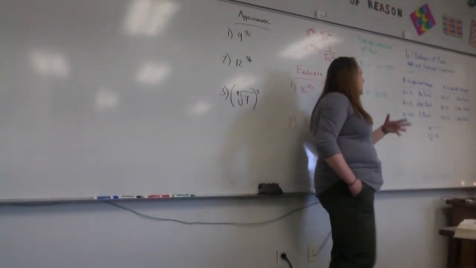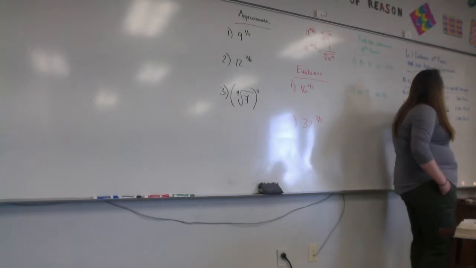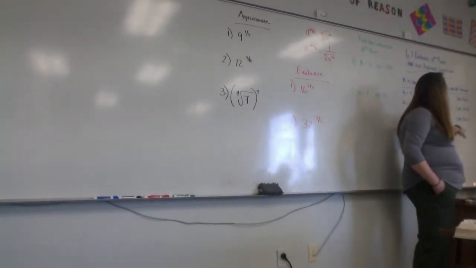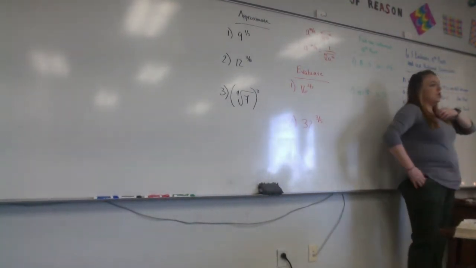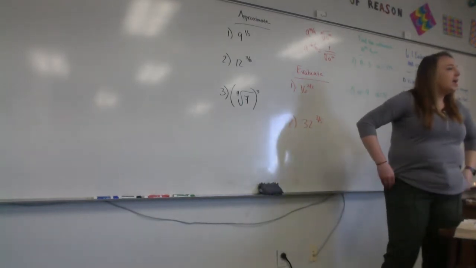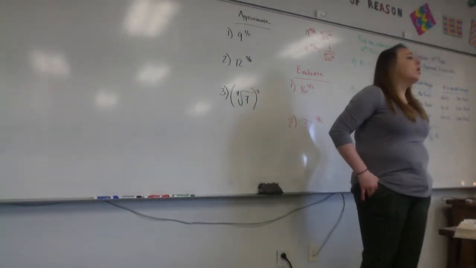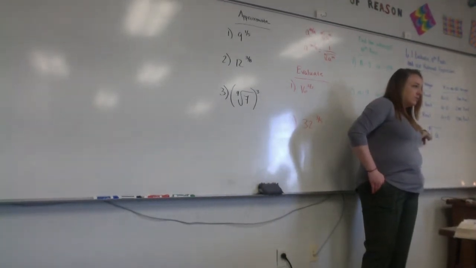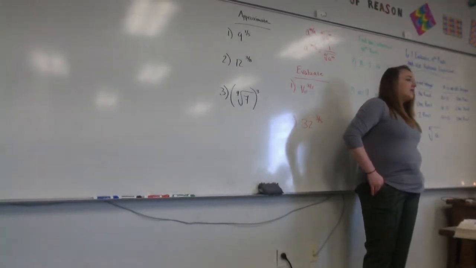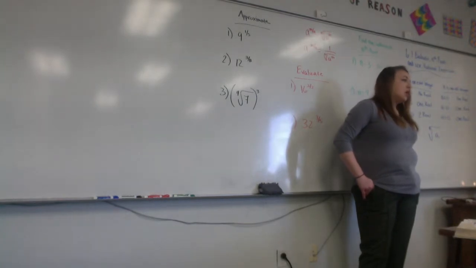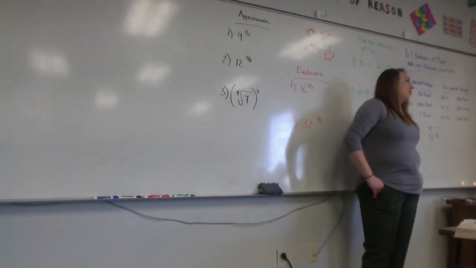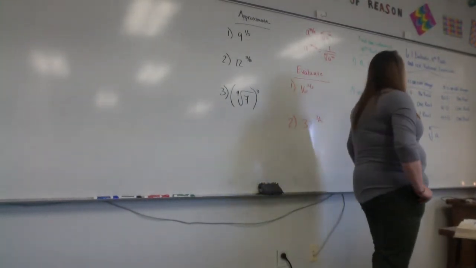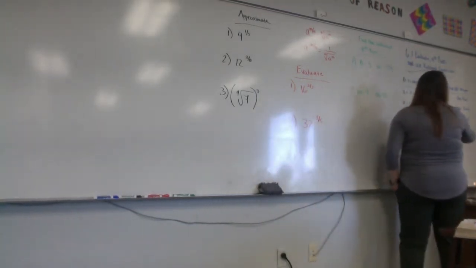If a is less than 0, there's one real solution, which means I can have a negative inside of a radical if the radical is an odd number. I cannot have a negative inside the radical if the number is even. But if the number is odd, I can have a negative inside the radical and I get one real solution.